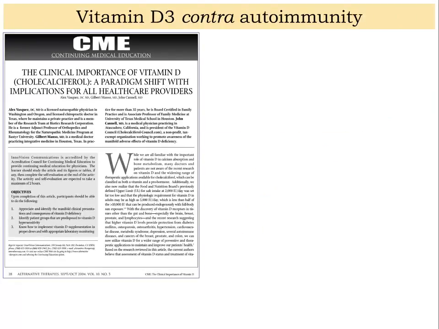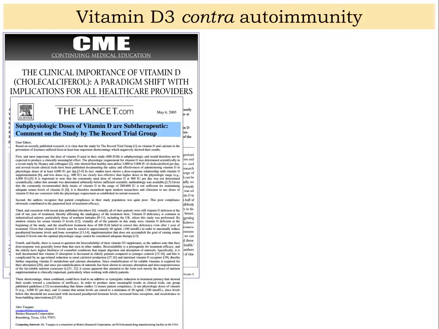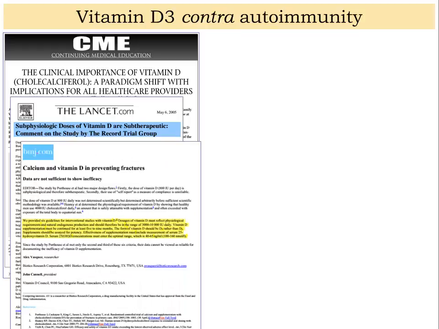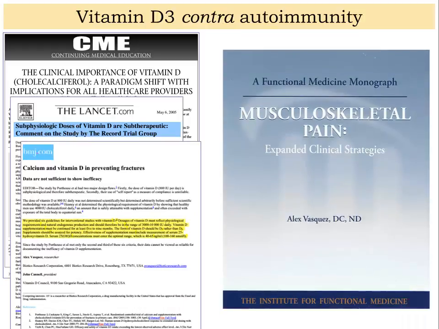So let's talk about vitamin D against autoimmune disease. Most of you know I published a major monograph in Alternative Therapies in Health and Medicine in 2004. That was followed by an article that was published on the Lancet's website, an article that we published in the British Medical Journal. I also included a lot of that information in a postgraduate CME monograph that I published with the Institute for Functional Medicine.